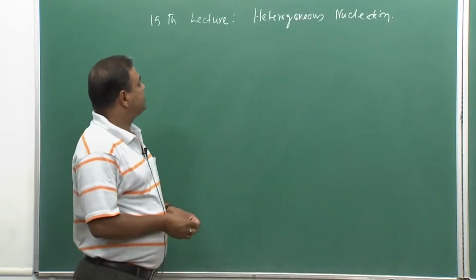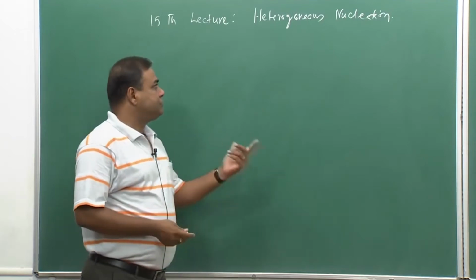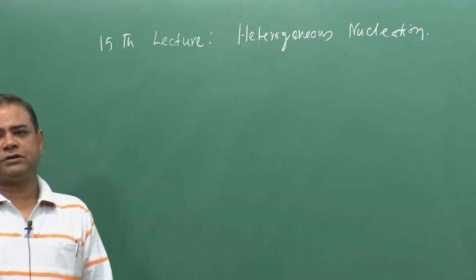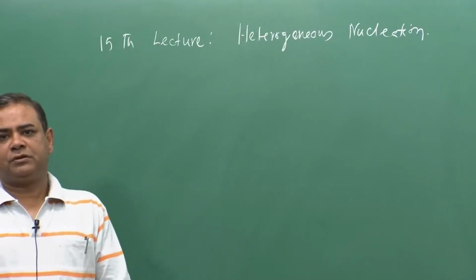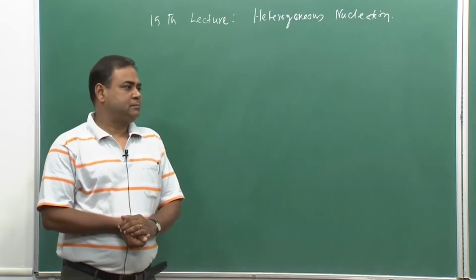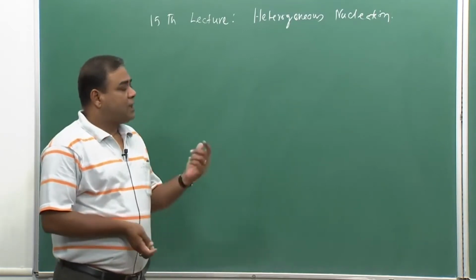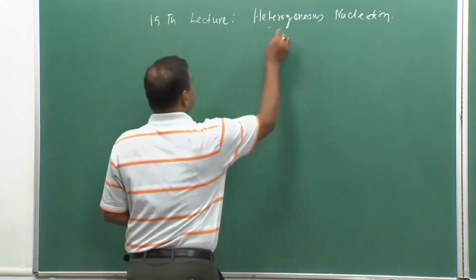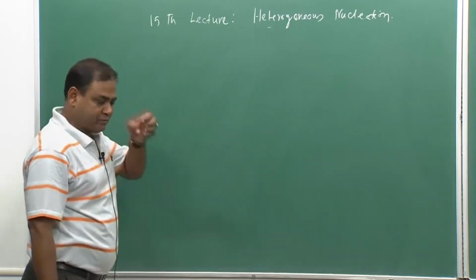Now, whenever we are talking about heterogeneous nucleation, it actually talks about transformation on some existing surface. And in the last instance, whenever we talk about heterogeneous nucleation, first we need to understand homogeneous nucleation.